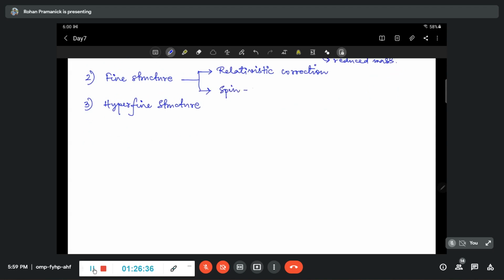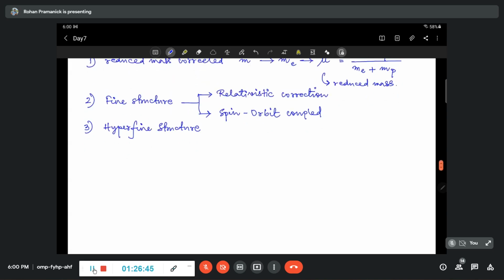This was introduced, I think probably one of you mentioned it. This spin orbit coupling actually involves angular momentum, right?